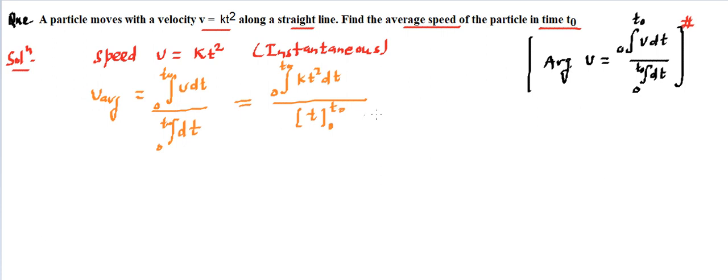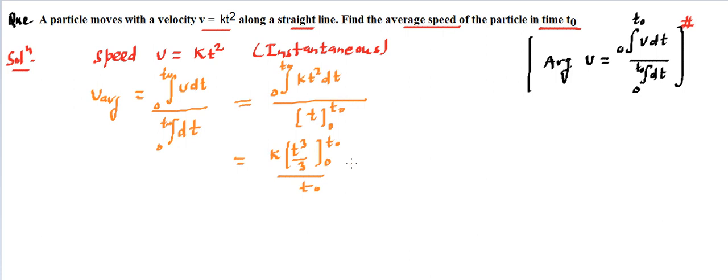The numerator can be simplified further by taking k outside, and t square gets converted into t cube by 3. You know the rules of integration. With limits 0 to t naught, divided by t naught downside.